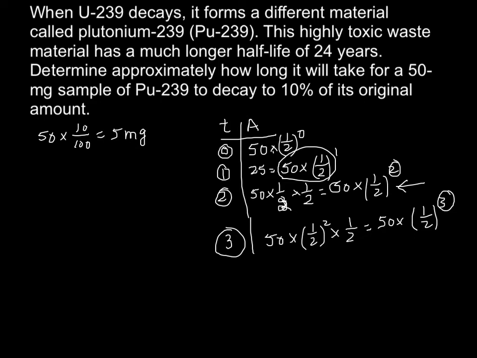So in general, when n half-lives have passed, we will have 50 times 1 over 2 exponent n. So our equation becomes A, the amount left, is 50 times 1 over 2 exponent n. N again is the number of half-lives.